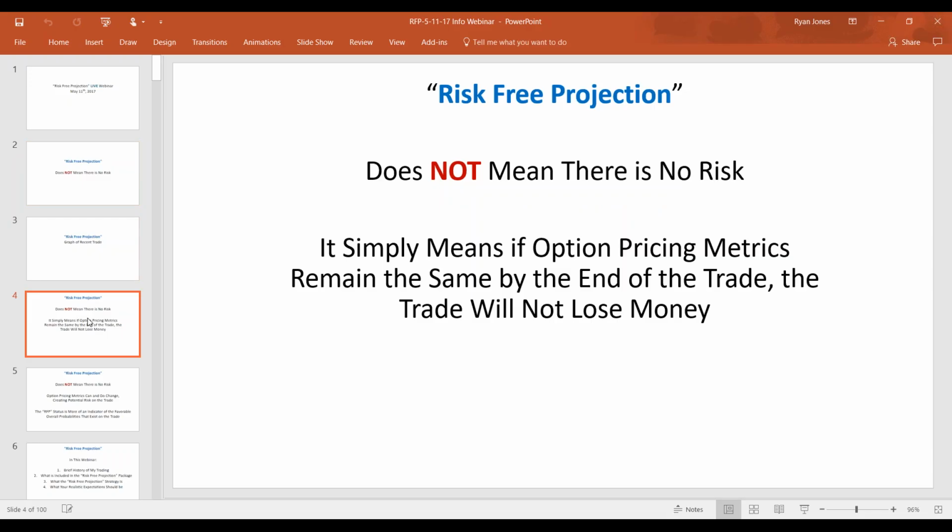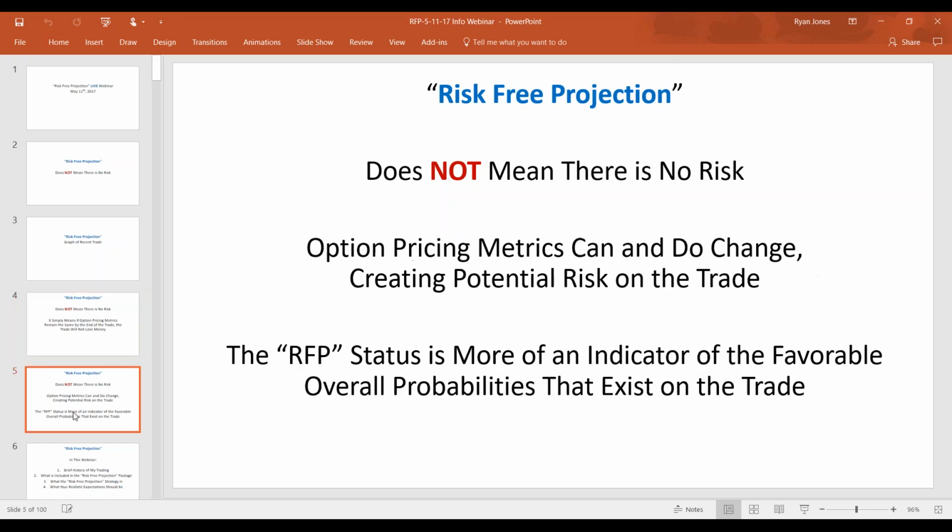It simply means that if the option pricing metrics remain the same by the end of the trade, then the trade will not lose money. However, option pricing metrics can and do change during the life of the trade, and so there is risk.